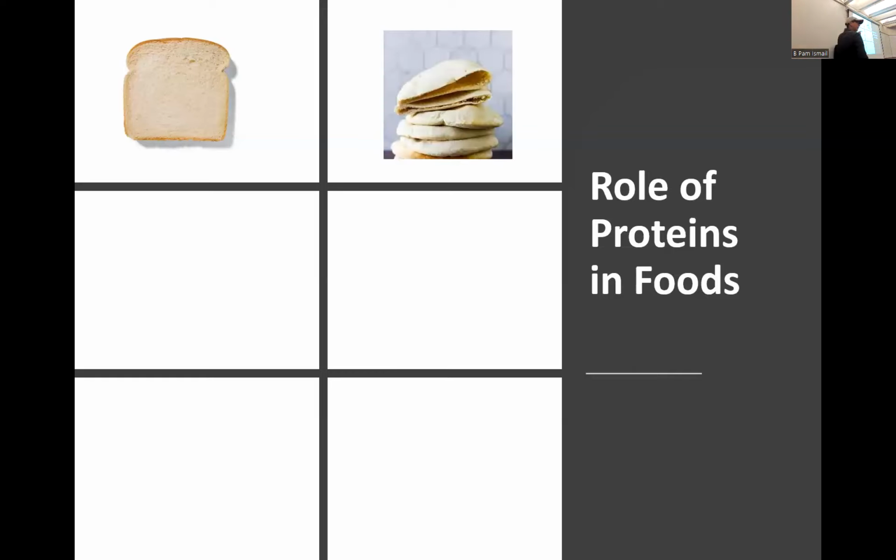Okay, pita bread. Familiar with pita bread? So pita bread is the opposite. You don't want very elastic dough. When you make your dough, you roll it out, and you make a very, very thin layer of dough. So you want your dough to be more viscous, extendable, so that it doesn't shrink.